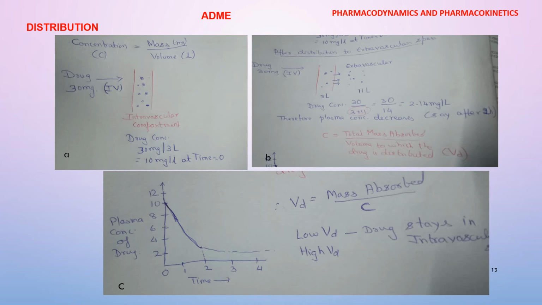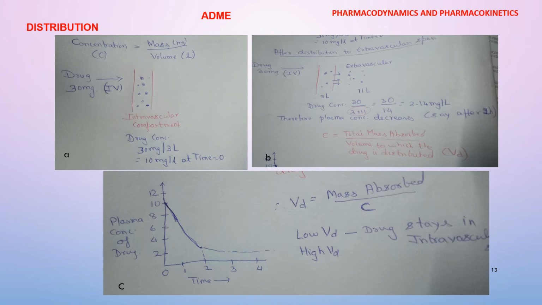Here we consider the drug amount as 30 mg in the intravascular system, because the mode of delivery is IV, so the bioavailability would be 100%. That is 30 mg in the intravascular compartment.